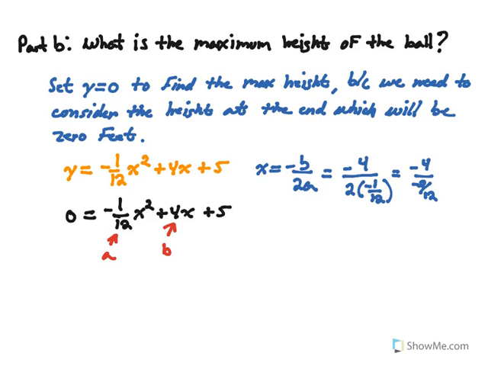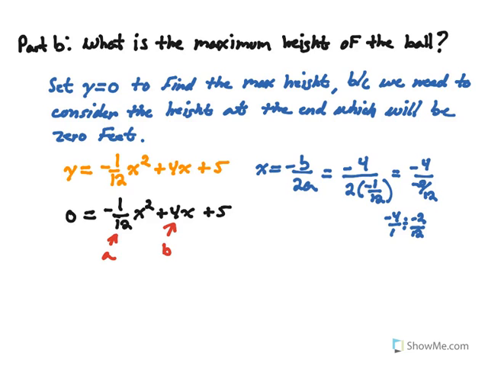Then you just divide these out. Remember, minus 4 over 1 divided by minus 2 over 12.